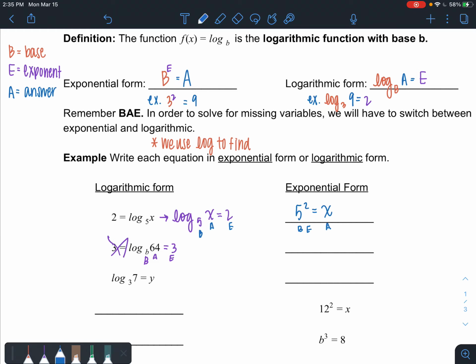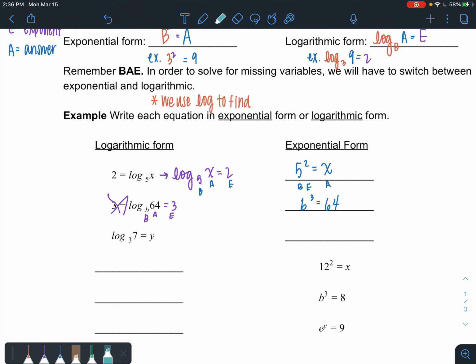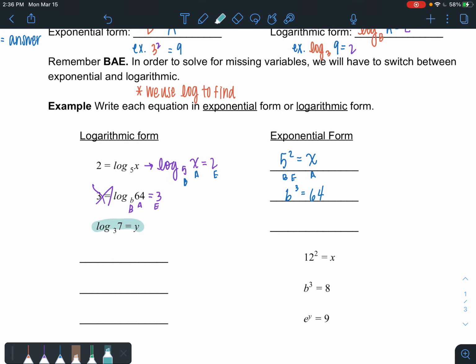So I have base exponent answer. Just like that. Okay. Save this last one for you to do. What you should have got was 3 to the y equals 7.